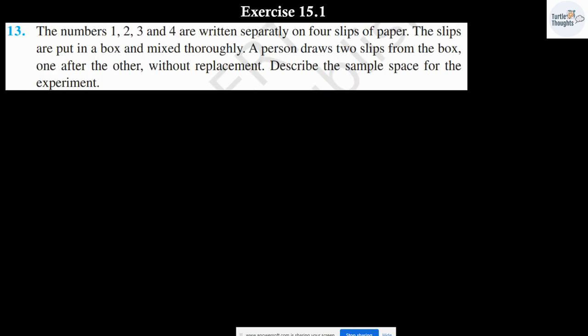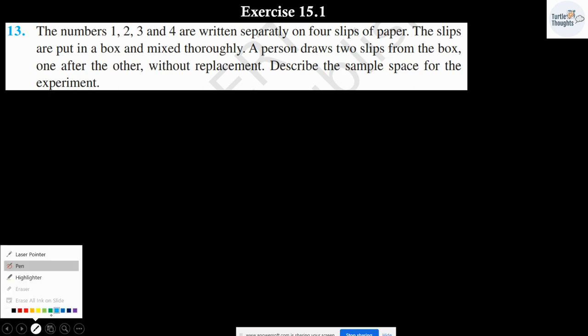We'll go to the next question, which is question number 13. The numbers 1, 2, 3, and 4 are written separately on 4 slips of paper. The slips are put in a box and mixed thoroughly. A person draws 2 slips from the box, one after the other, without replacement. Describe the sample space.